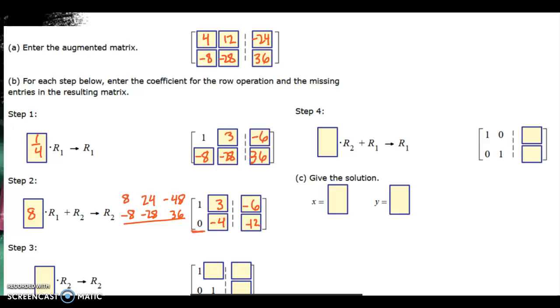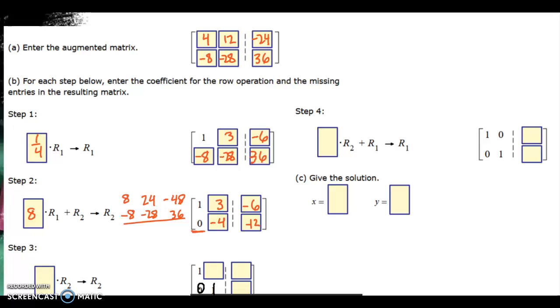I haven't changed it. Now the next one says, hope you can see this on the bottom, 1 blank blank, 0 1 blank. How do I get a 1 here?